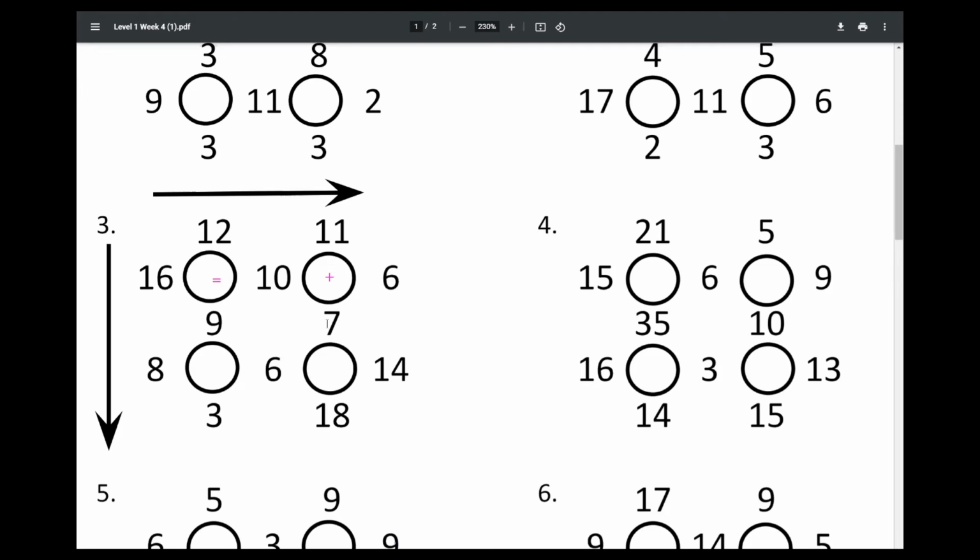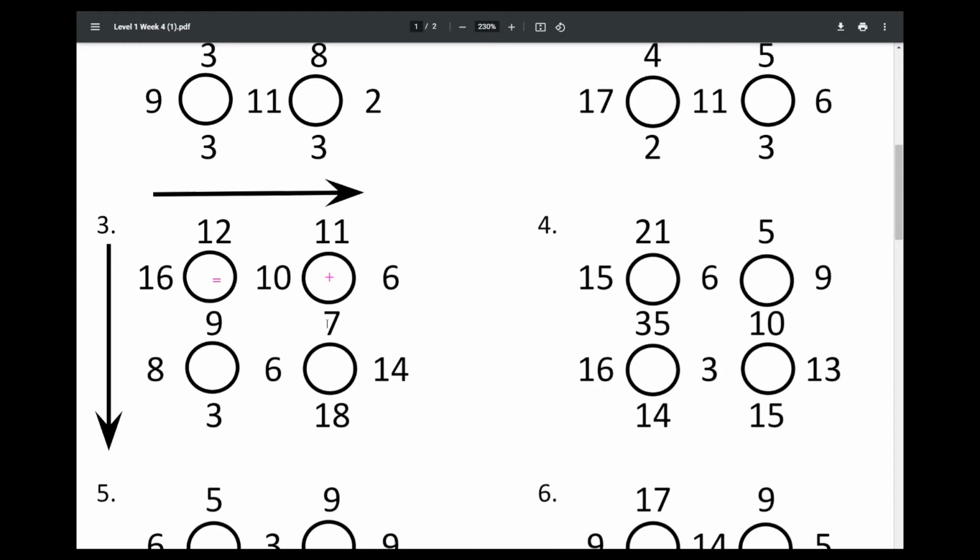All right. Katie, do you want to keep going with the rest of the problem? Yeah, sure. Okay. So now we have a plus here. And what should we put in the blank between 7 and 18? Does anybody know?